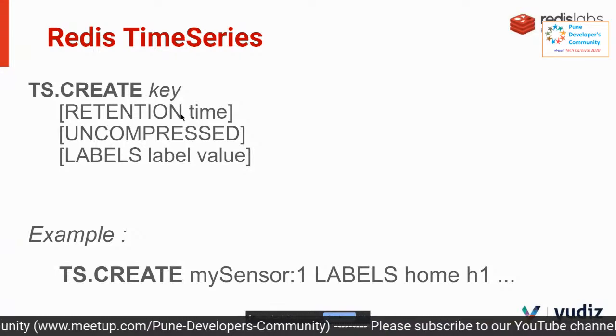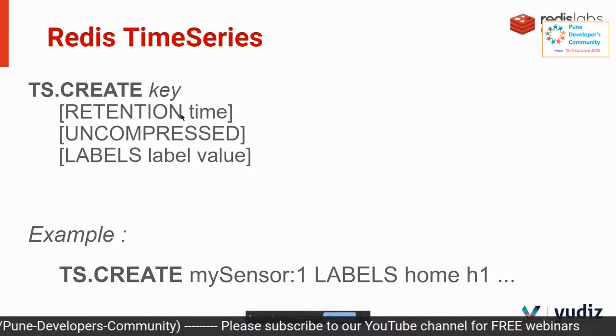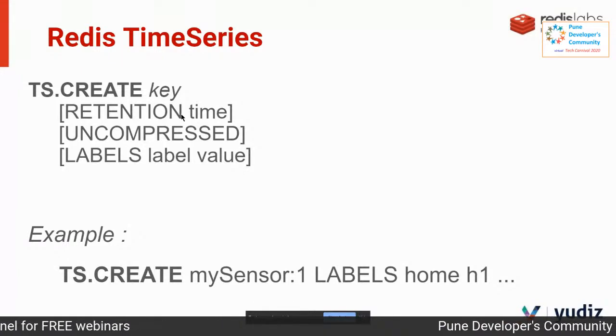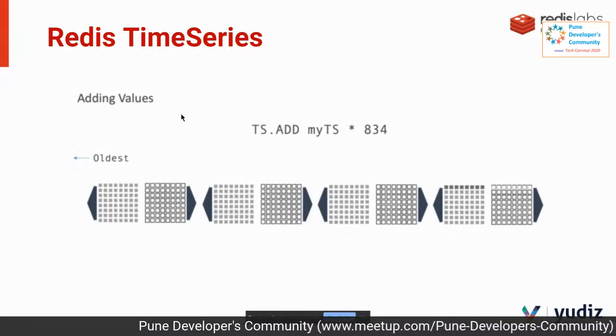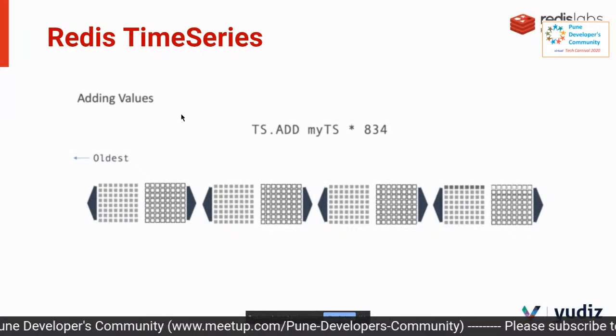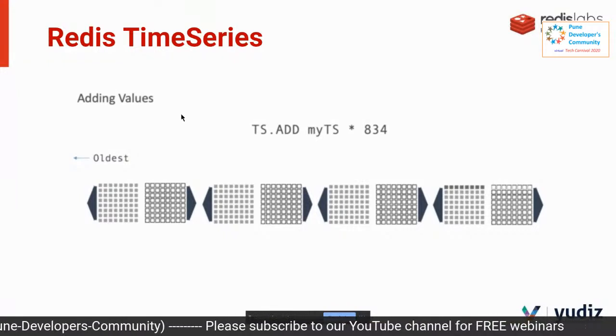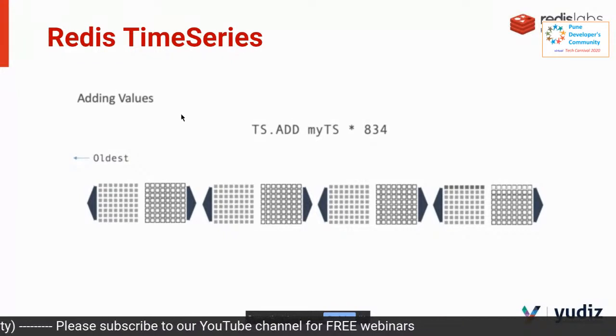Here, as with any other Redis command, we can provide retention time and other options. The first option is retention time. As data is added into the time series key, it can get lots of data.